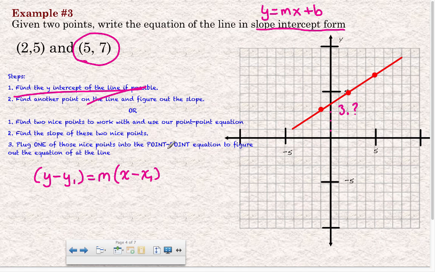All right, so y minus this y value of 7 equals slope times x minus the x value of 5. Well, I don't know what the slope is, so I have to take a side step over here and figure out my slope. But that's easy. I can just count. My slope was change in y of 2, change in x of 3. So my slope is 2/3.